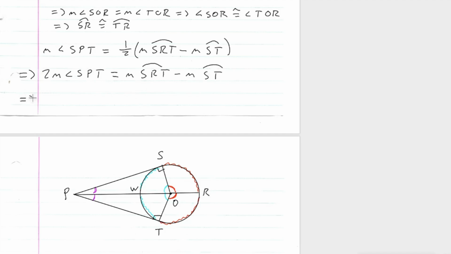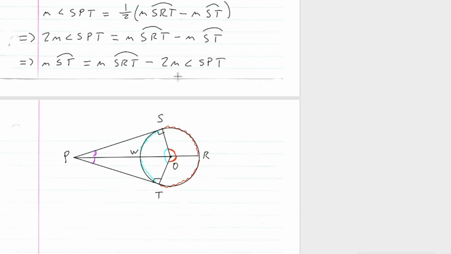So this implies that the measure of arc ST is equal to the measure of arc SRT minus 2 measure of angle SPT.